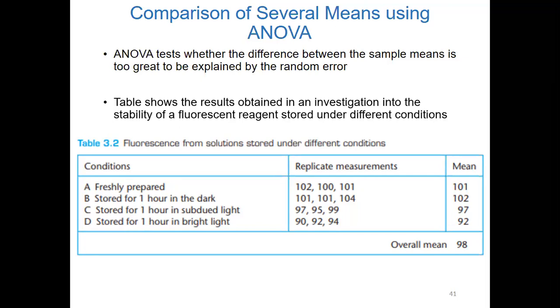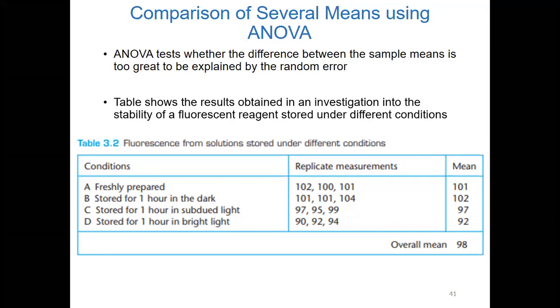In the third one, the reagent has been stored for 1 hour in subdued light. So there is a certain amount of light. And the final sample, the solution, is stored for 1 hour in bright light, so the light intensity is higher here.